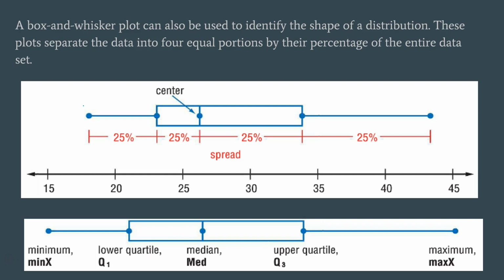And if we're using our graphing calculator, we can also do something called a box and whisker plot, and it can help us identify the shape of a distribution. One thing to know about these is that it sets the data into 4 equal portions, so they're going to be 25% portions. As you can see here, it's 25%, 25%, 25%, and 25%.